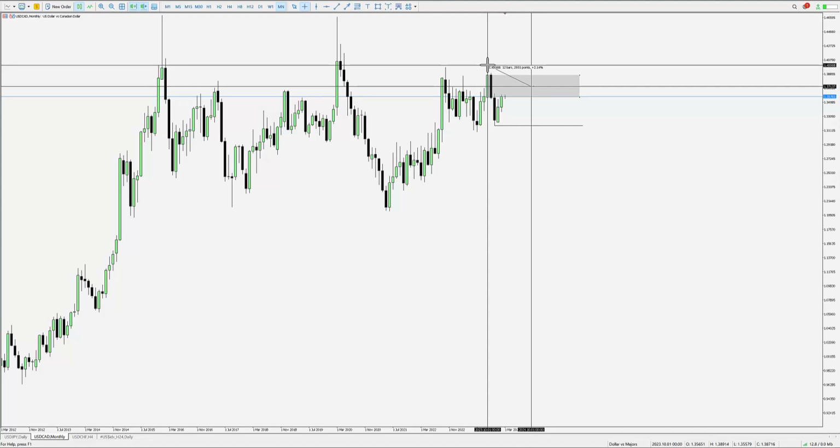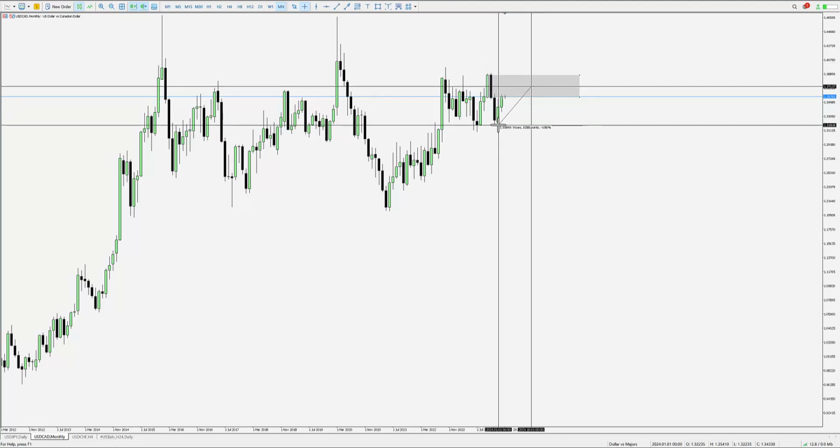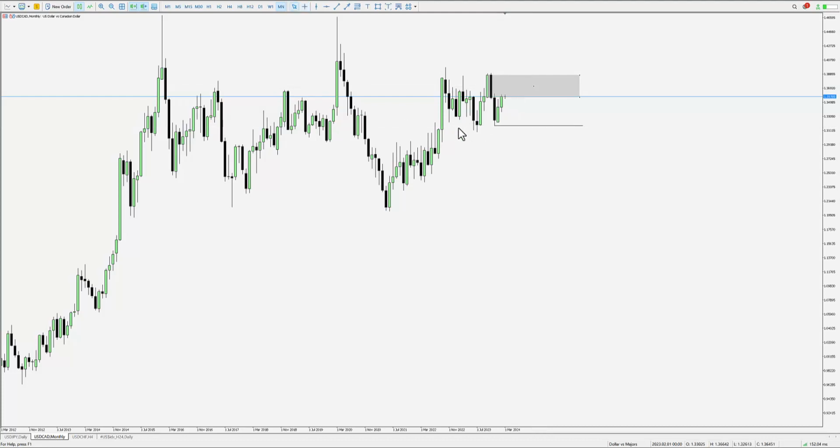That's for a swing setup, targeting this level here. Currently the yearly lows, this is December lows, as your target for a swing setup.